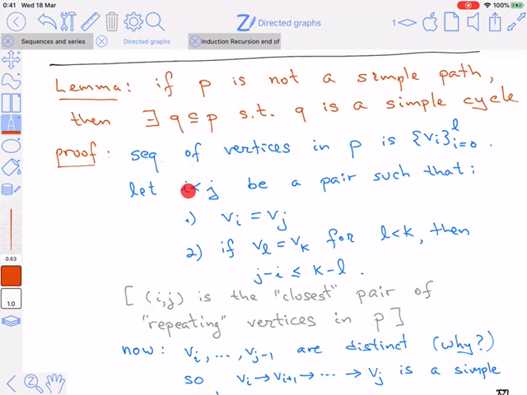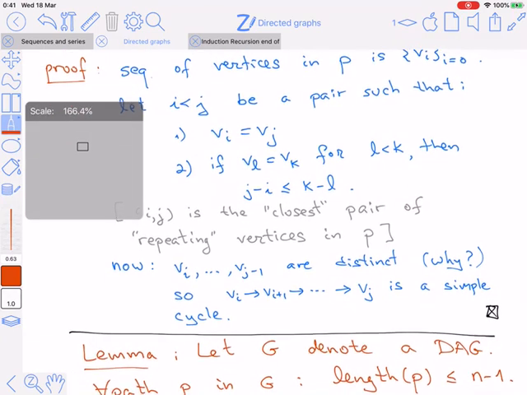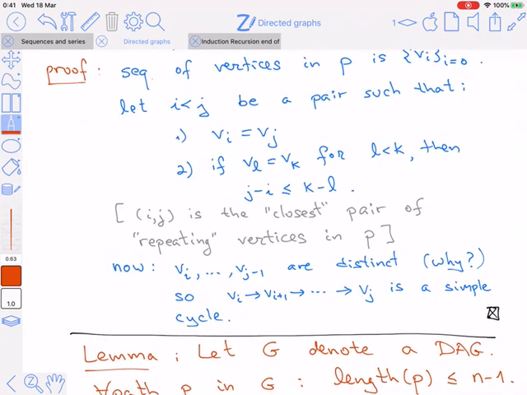This means that this pair Vi, Vj are the closest, in some sense, pair in which you have a repetition. Now, having taken this pair, which is the closest pair of repeating vertices along the path, we notice that Vi up to Vj-1 are distinct vertices.